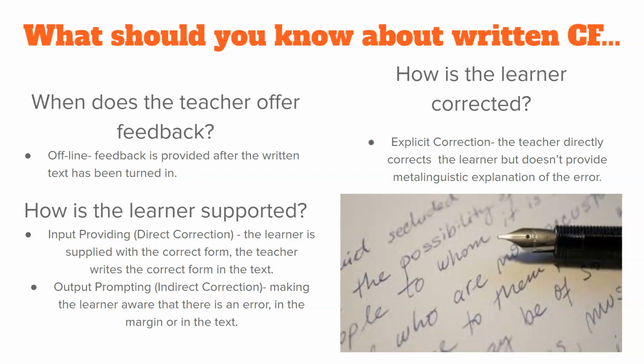So the teacher may circle the errors or highlight the errors in hope of pulling out some type of self-correction from the student. Okay? And then there's going to be explicit correction. The teacher is going to correct the learner, but because it's a written assignment, the teacher may not go into explaining why they made the error. Okay?